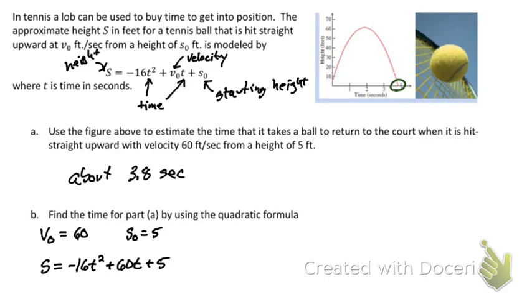Yeah, 0. I'm looking for 0 feet. I'm looking for where the ball is hitting the ground. The ground is 0 feet. So I'm looking for where S equals 0. I'm looking for 0 equals negative 16t squared plus 60t plus 5.